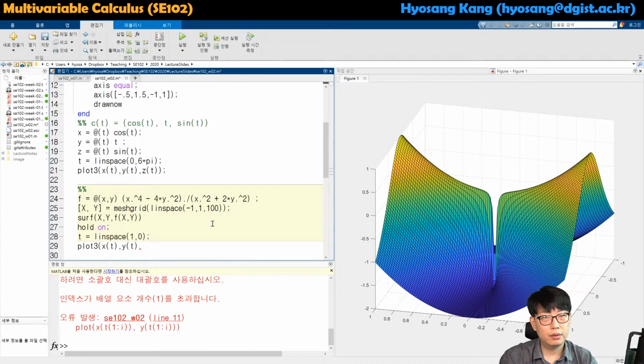Just t, so just (t, t) and f(t, t). I want to plot this as red with line width 2, so that it makes it clear. And hold on.